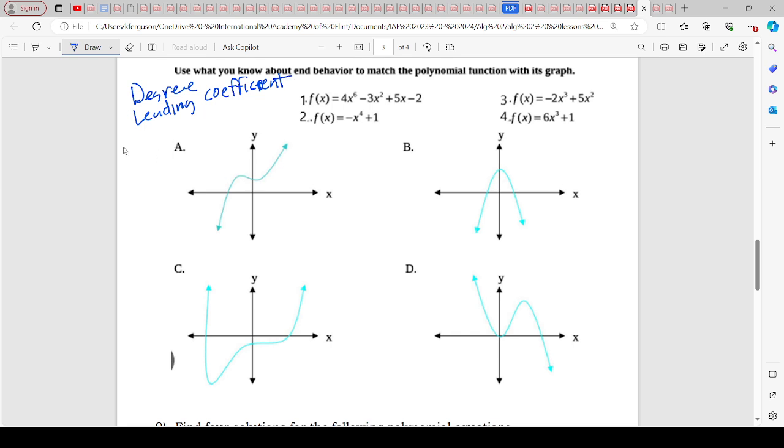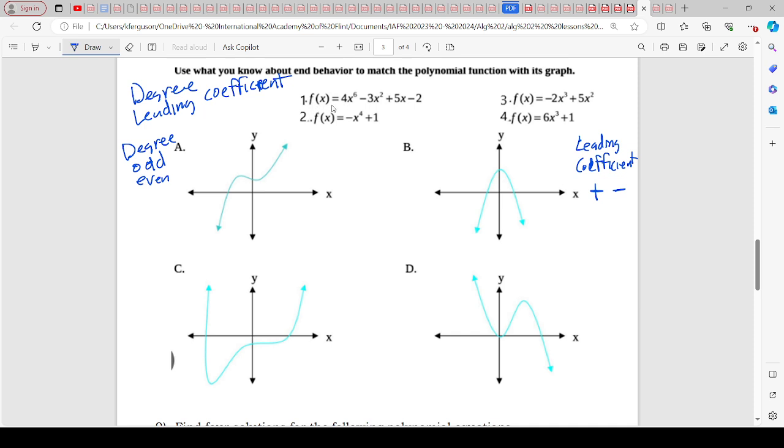Now, when we're looking at the degree, we care whether it's odd or even. And then if we're looking at the leading coefficient, we're looking at positive or negative. So I guess we can look at the equations and then try to figure out which one is which.